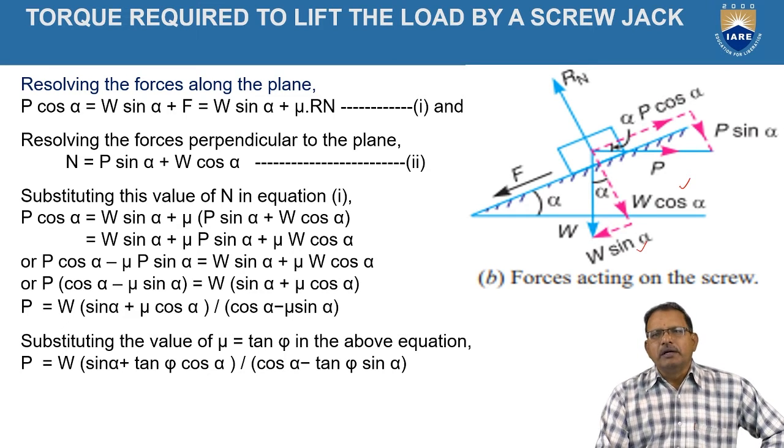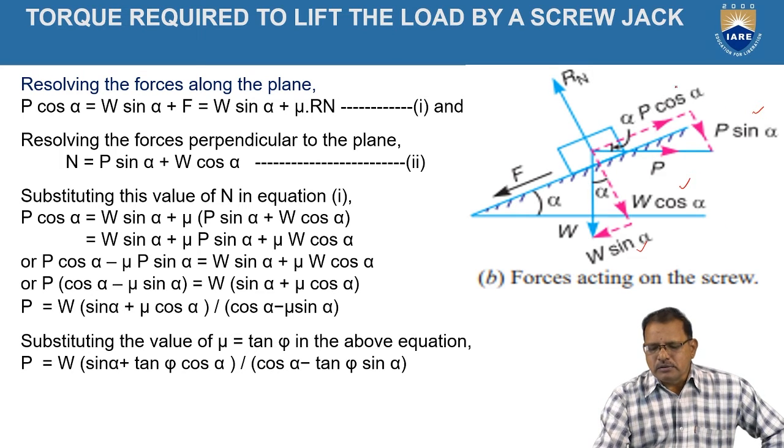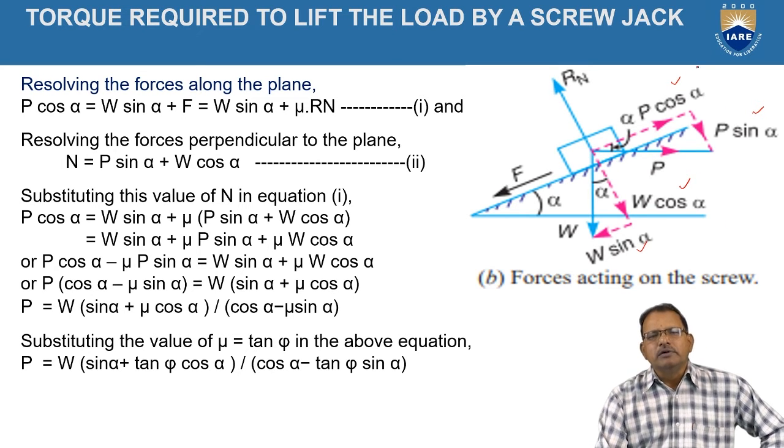Since the force P is applied horizontally, resolve it into 2 components along the plane and perpendicular to the plane. The component perpendicular to the plane is P sin alpha, and the component of P along the plane is P cos alpha, which tends to slide the body upward.